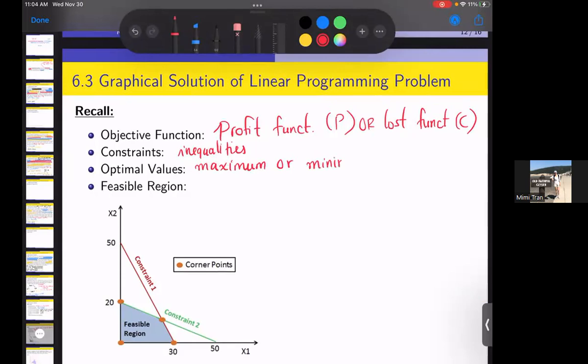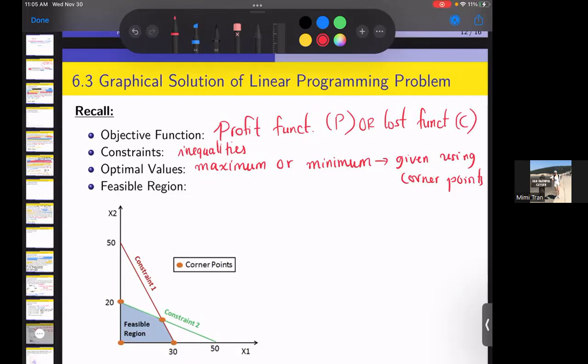And it's going to be given using corner points. What are corner points? It's just a bunch of points where the boundaries intersect the region. Right there is a corner point.